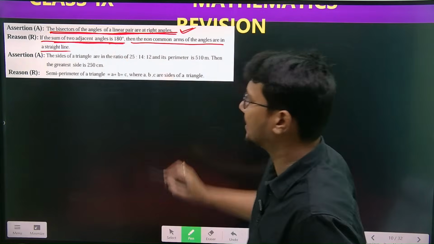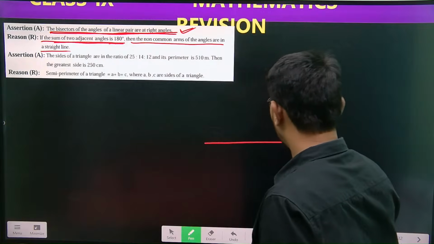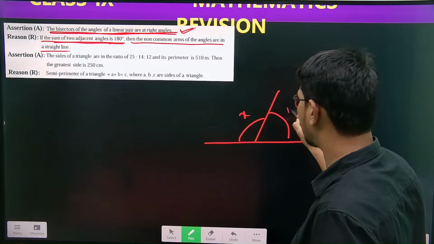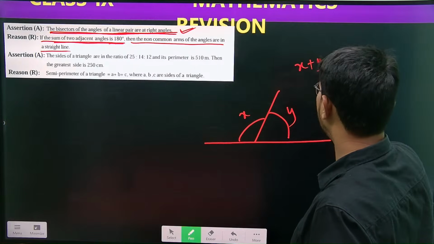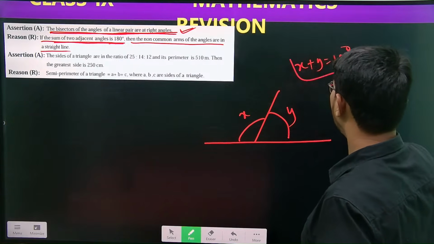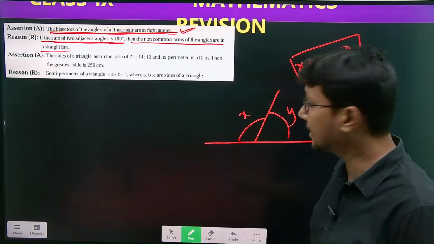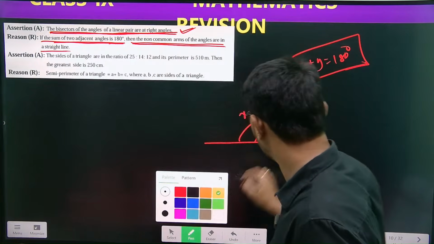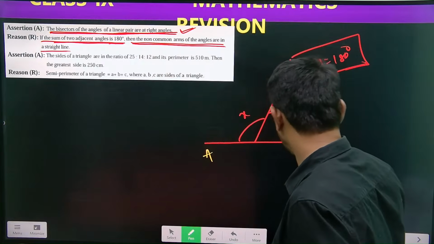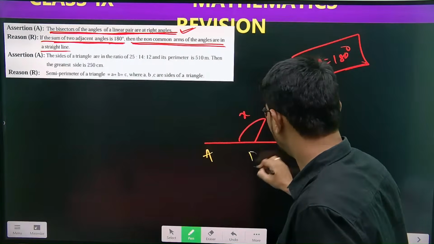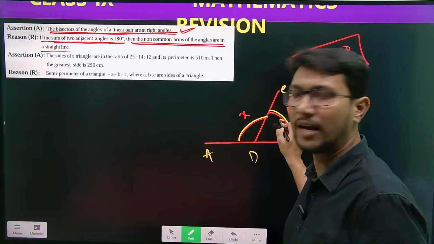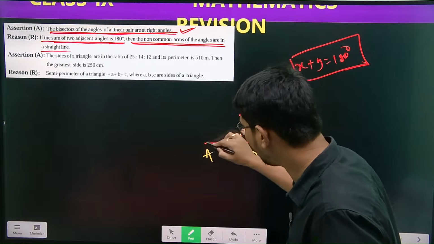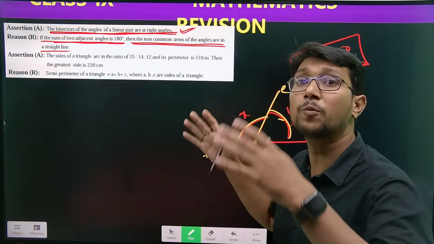If the sum of two adjacent angles is 180, let us take this angle and this angle, the sum is 180. This is x, this is y. If x plus y is 180, then the non-common arms, check here. ABCD, x and y are adjacent angles because they have a common arm, a common vertex, and the non-common arms are opposite to the common arm.